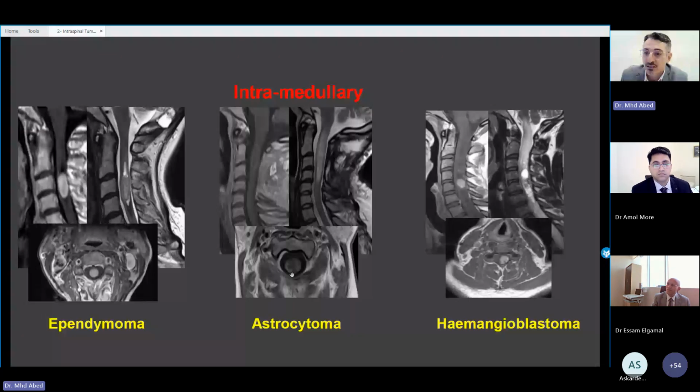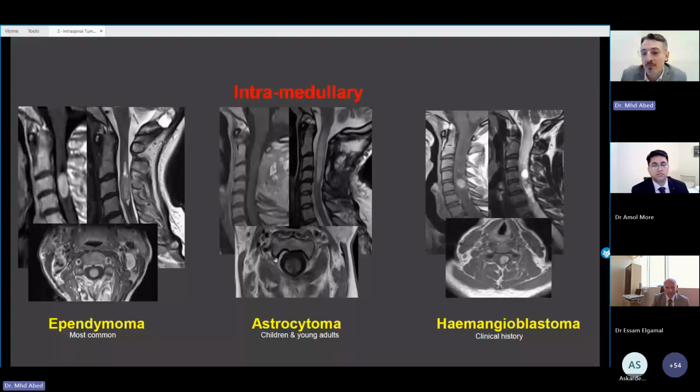The hemangioblastoma has flow void signal, which sometimes looks like the hemosiderin seen in the ependymoma, but this will demonstrate enhancement. This is the way to differentiate ependymoma from hemangioblastoma. And also the most common is most common. And for the astrocytoma, if we have a child or young adult, we have to think about it with the other imaging features.